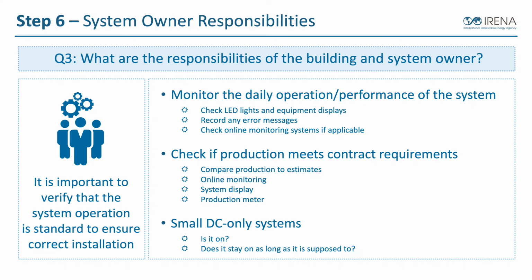Now, if we're looking at small systems, let's say a small DC-only system, like a lighting system on a street light, those usually don't have online monitoring. They often don't have any sort of display. So with things like that, which could be small lighting or maybe a small water pumping system, we've just got to notice: is it on?